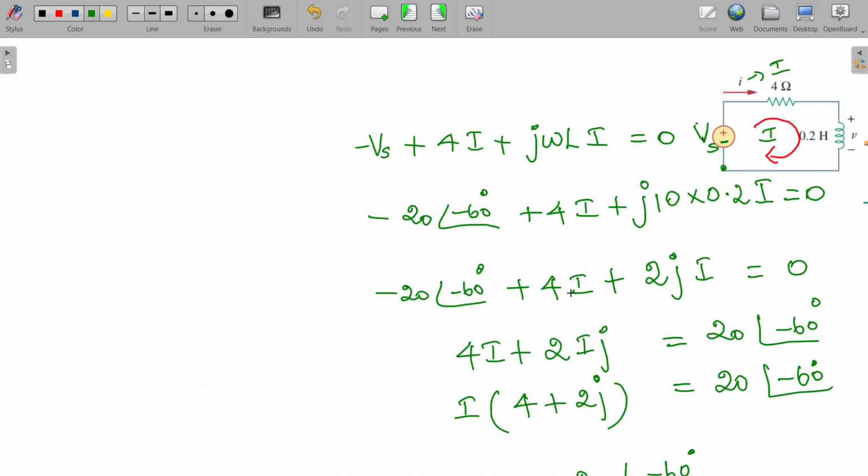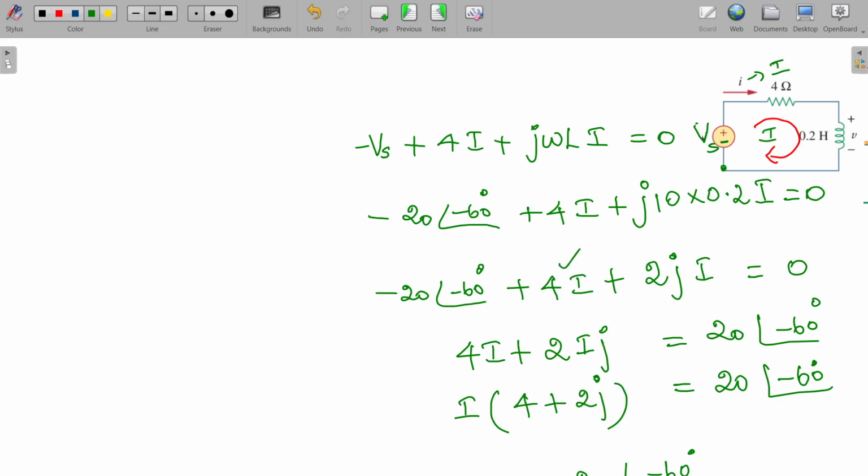So 4I plus 2, how do you get this 2? This omega is 10 multiplied by 0.2, which is the value of the inductor, and then I is there. You multiply these two and you get 2. So 2jI, equal to 0.